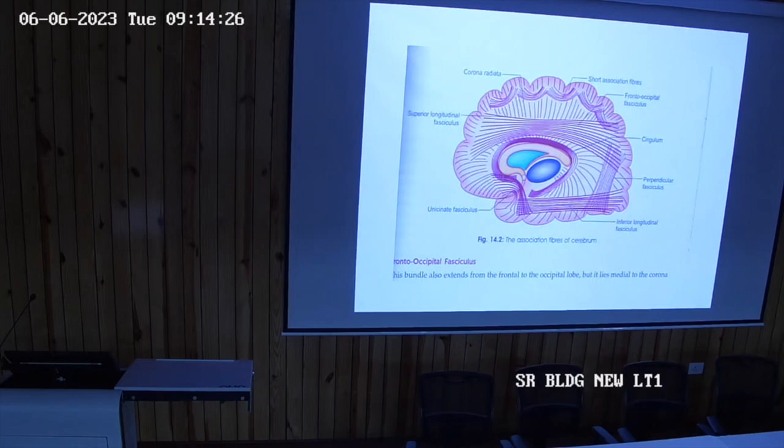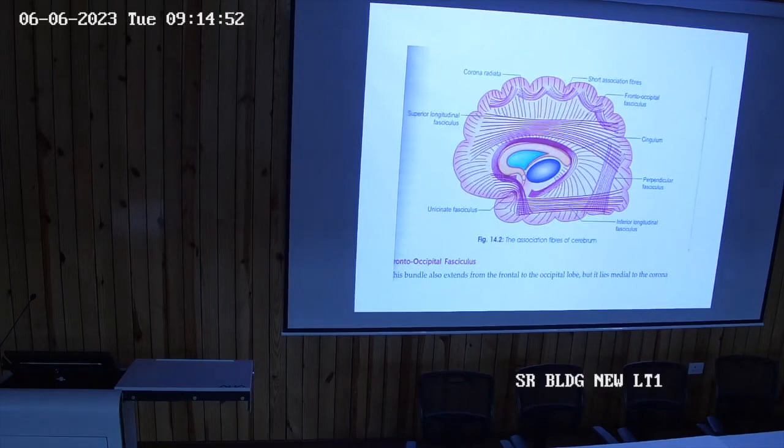The best example of long association fibers, I am telling you only one so you can remember, is the cingulum. The cingulum extends from the paraterminal gyrus to the uncus.